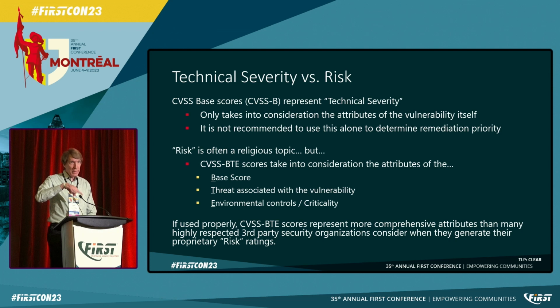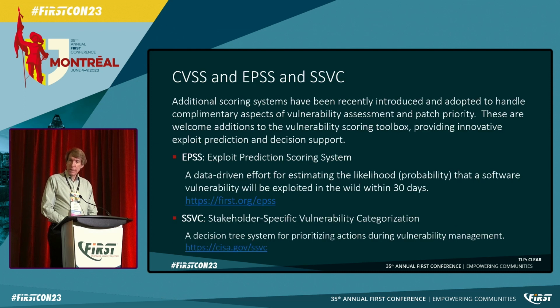Well, now that's three legs of a stool that could give you what you could consider to be risk, but base score alone is not risk. We'll get into more of that in the user guide as well, because that's been revamped, as well as the spec.